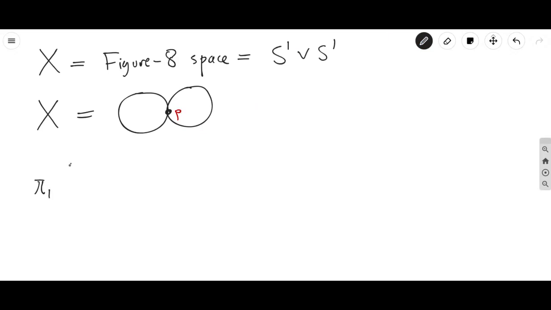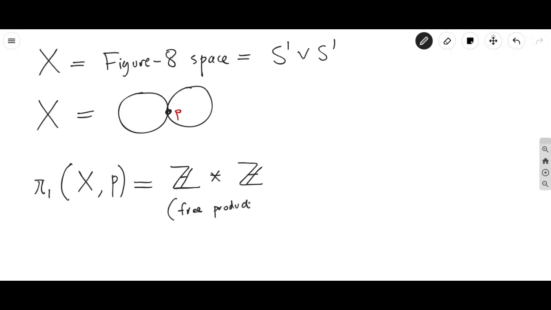We're going to talk about the fundamental group of X at P. This is Z star Z, called the free product. It is also sometimes called the coproduct. It's basically like Z times Z, but not commutative.